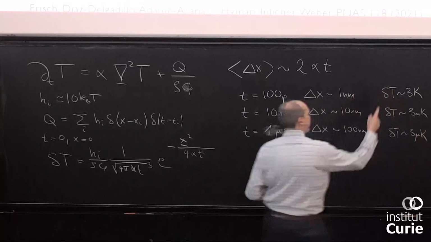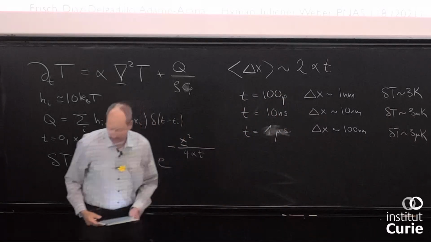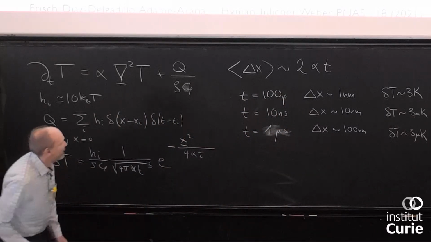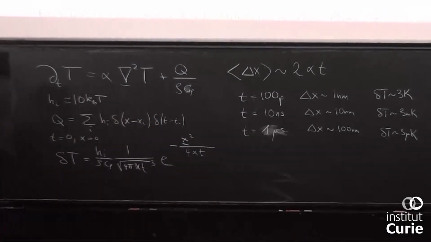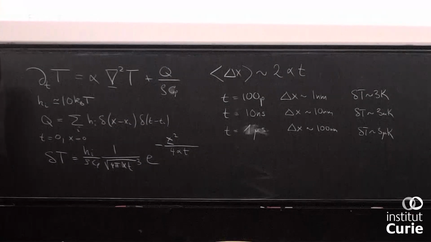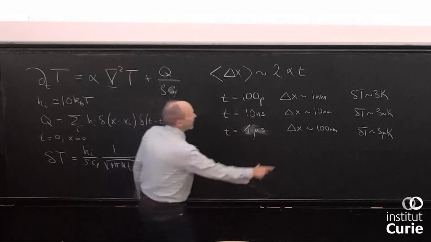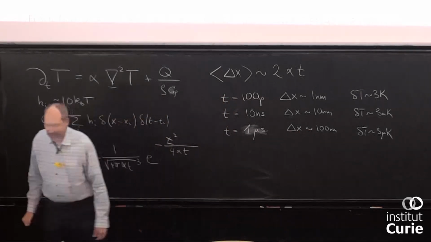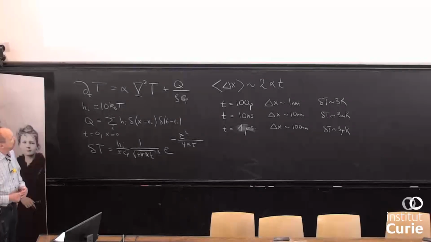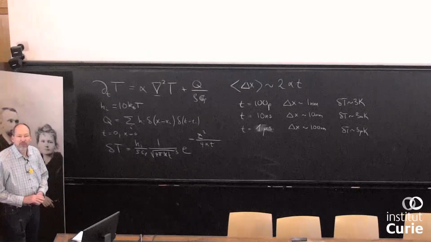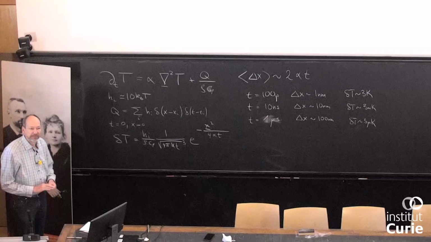So you can see that this perturbation decays very quickly in amplitude and spreads in a diffusive manner with time. The message is that if you look at volume elements of the order of 100 nanometer size, and you're interested in time scales longer than microseconds, then the system is essentially locally equilibrated in these small volume elements.